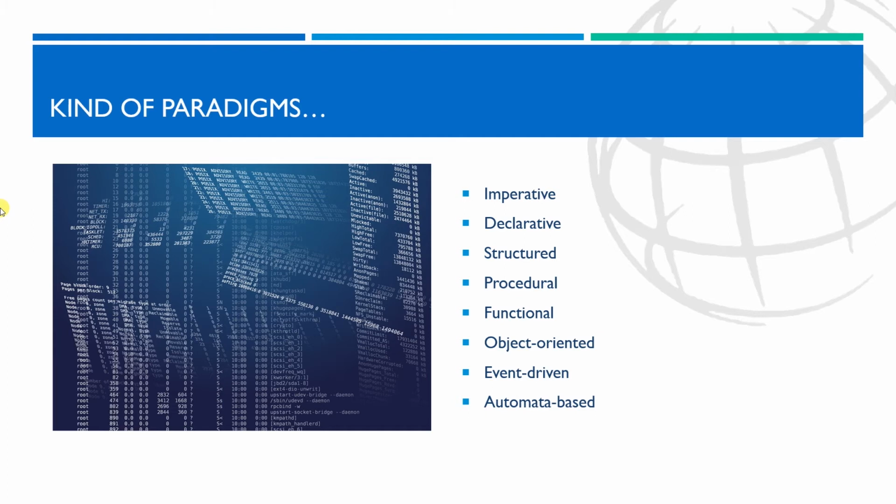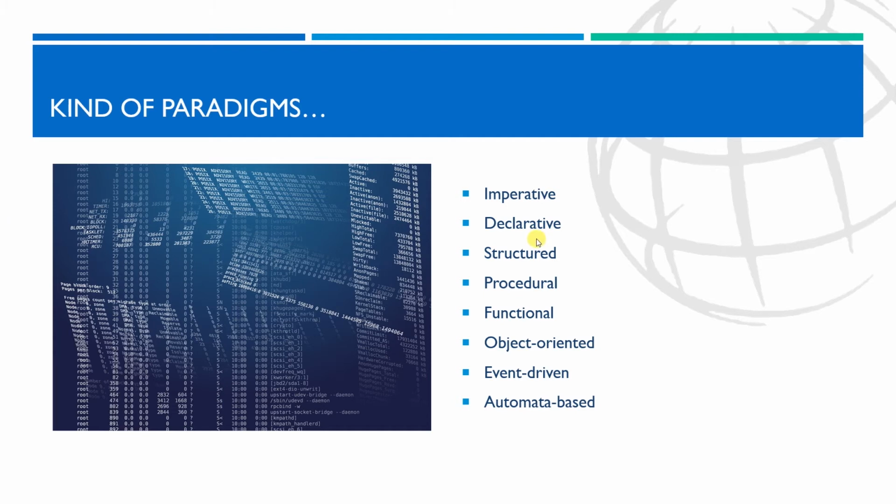The last one is automata-based programming: a program or part of it is treated as a model of a finite state machine or any other formal automaton. Abstract State Machine Language supports that kind of paradigm. And we focus on object-oriented programming.